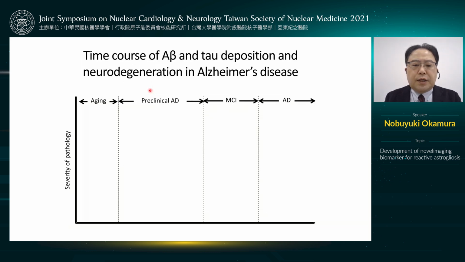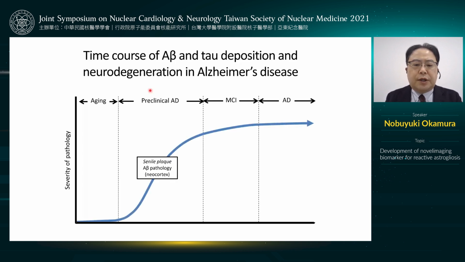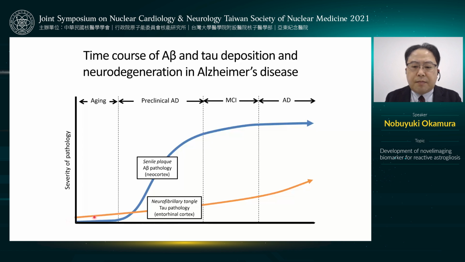Here we show the time course of neuropathology in Alzheimer's disease. Neocortical A-beta accumulation is considered the earliest pathological change in Alzheimer's disease. Tau pathology in the entorhinal cortex may start earlier than A-beta pathology, but this process is considered an age-related change.